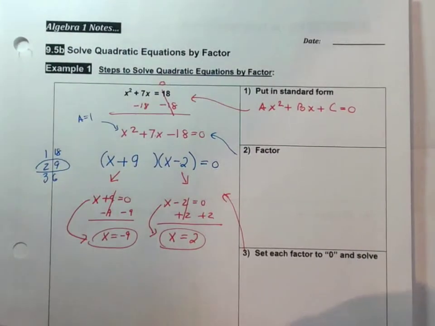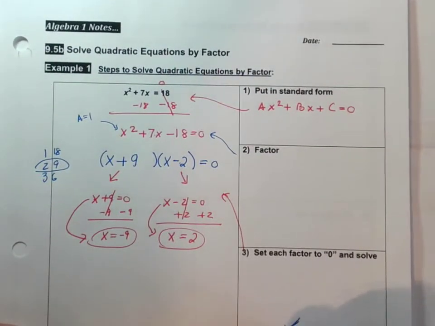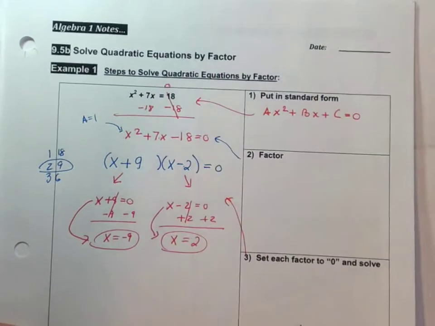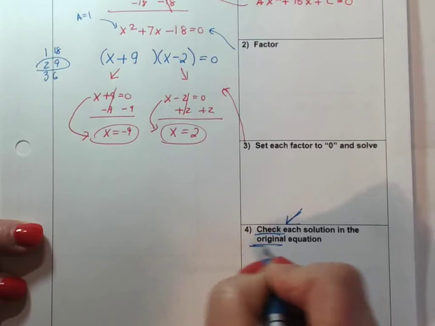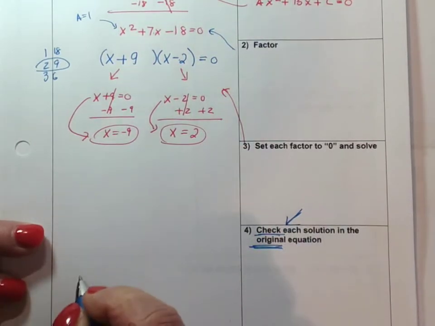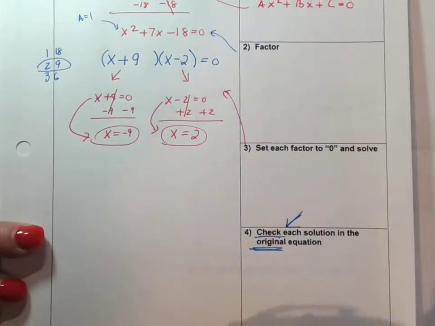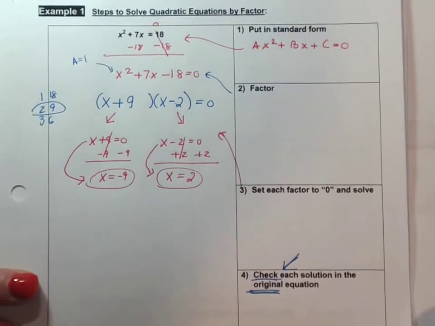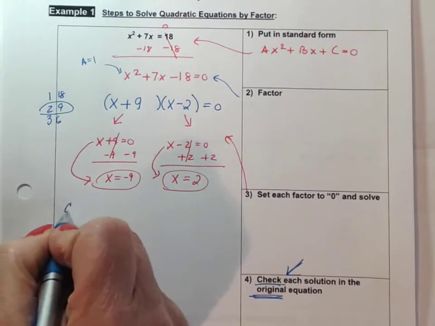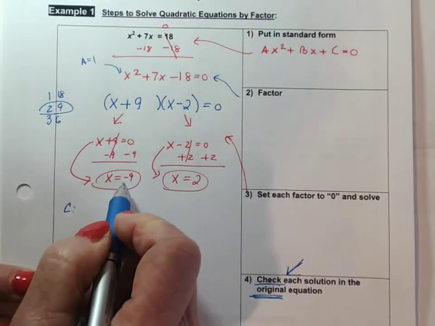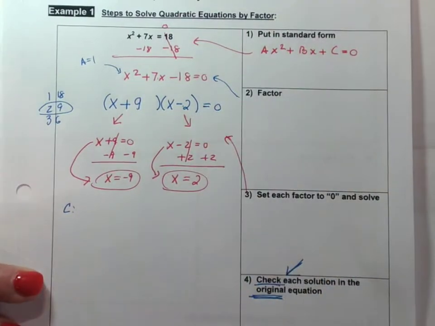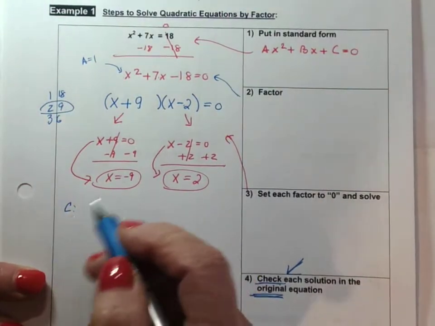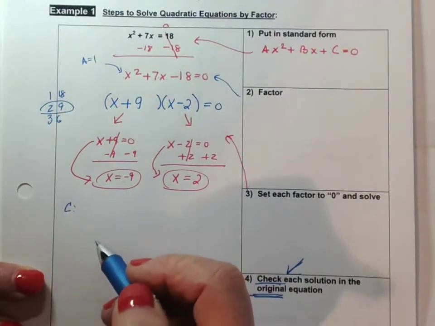Now, check. We need to check in the original equation. All right, so we want to check this negative 9. And you want good notes. You always want to write down all the steps in your notes. When you get used to this, you can skip steps.